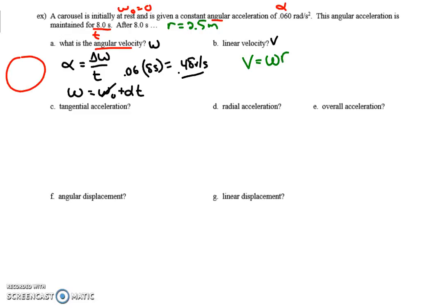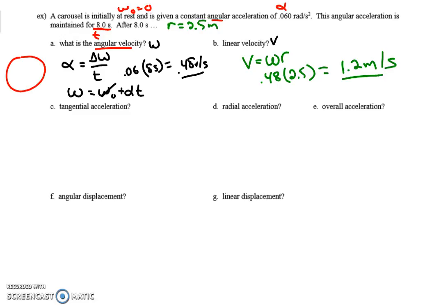If I'm going this angular speed at that time, then my instantaneous tangential velocity is simply the angular speed times the radius. So that's pretty straightforward. 0.48 times 2.5 meters. Okay, and so we'll get 1.2 meters per second. You can work that out.